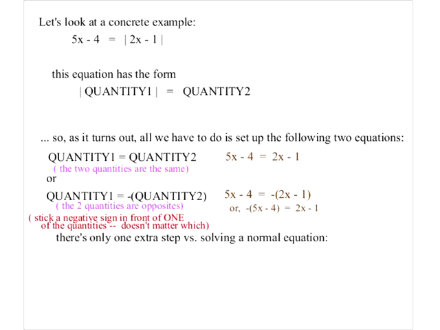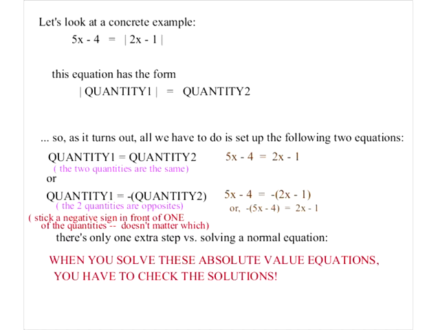All you have to do is one extra step versus solving a normal equation. You just have to check the solutions at the end. You don't need to think explicitly about signs. If you are well-grounded enough in this sort of theory, you certainly can. If thinking about these sorts of signs comes naturally to you, then of course you can do that. But you don't have to.